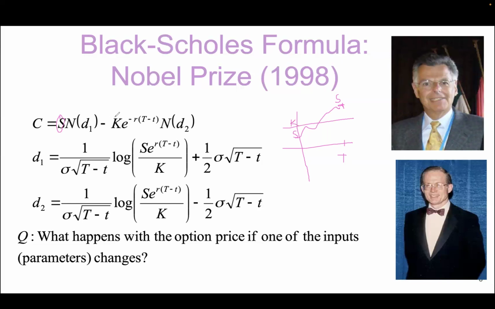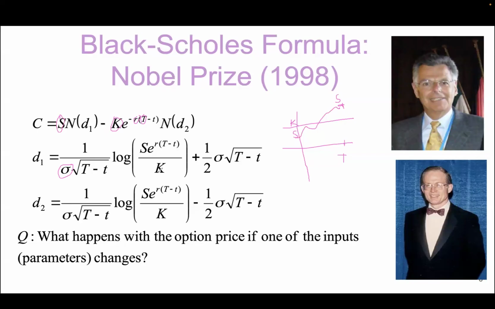It is the second parameter. The third parameter is the time to maturity, capital T. The fourth parameter is r, the interest rate, and sigma, the volatility, is the fifth parameter. So we have 5 parameters. Do you understand? Is it clear? Yes, five parameters.